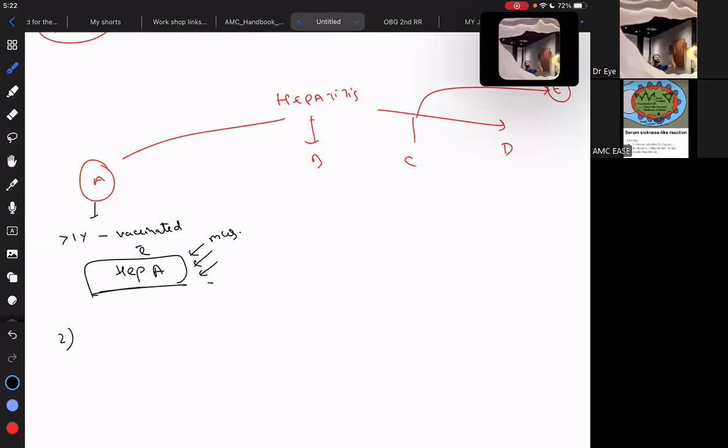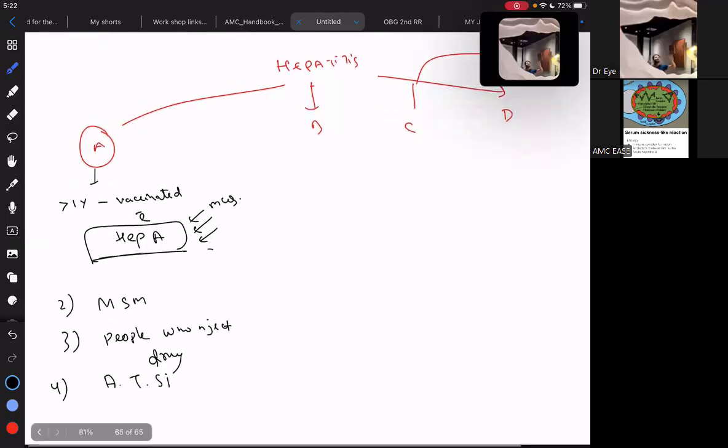Second, those who are men who have sex with men. Third, people who inject drugs, those who are drug abusers. Fourth one is those from Aboriginal Torres Strait Islanders. Fifth one is people who have chronic liver disease.